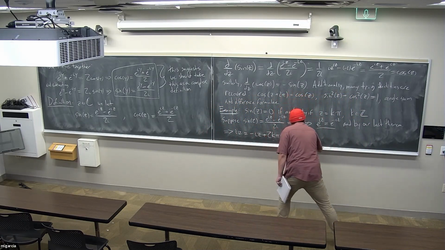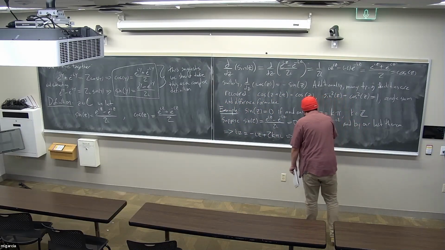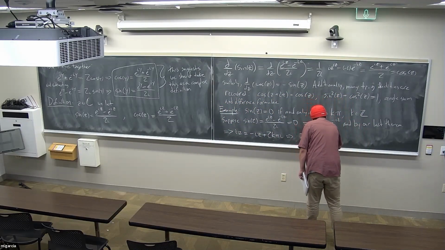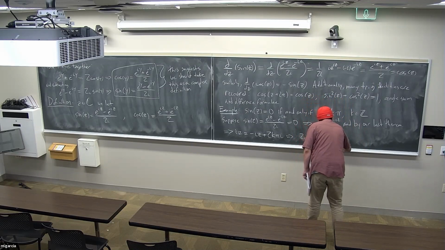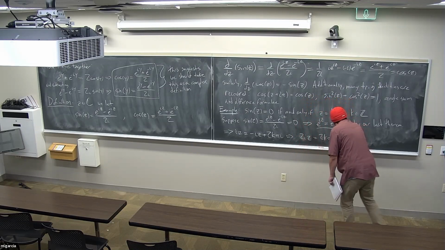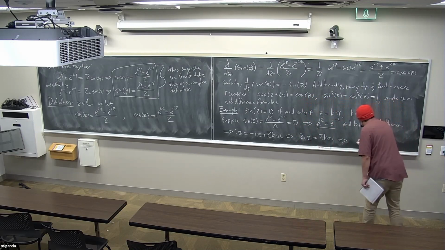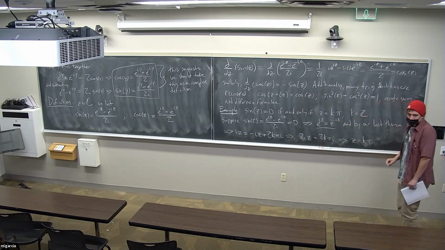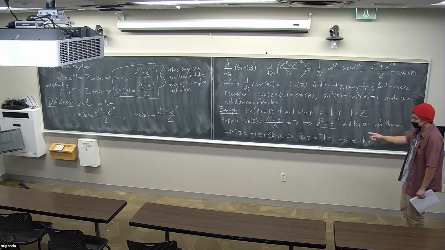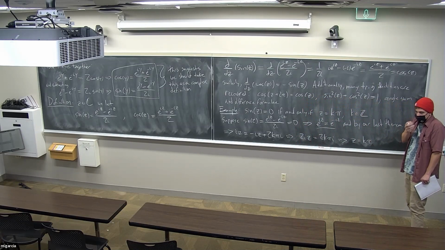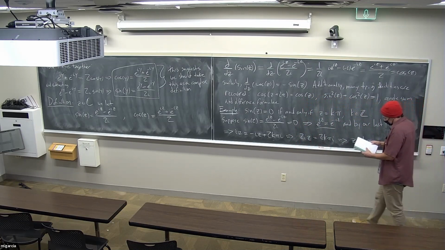So I get 2iz is equal to 2k pi i, which is just the conclusion that I wanted. I divide by 2i on both sides, and z is equal to k pi. Okay.